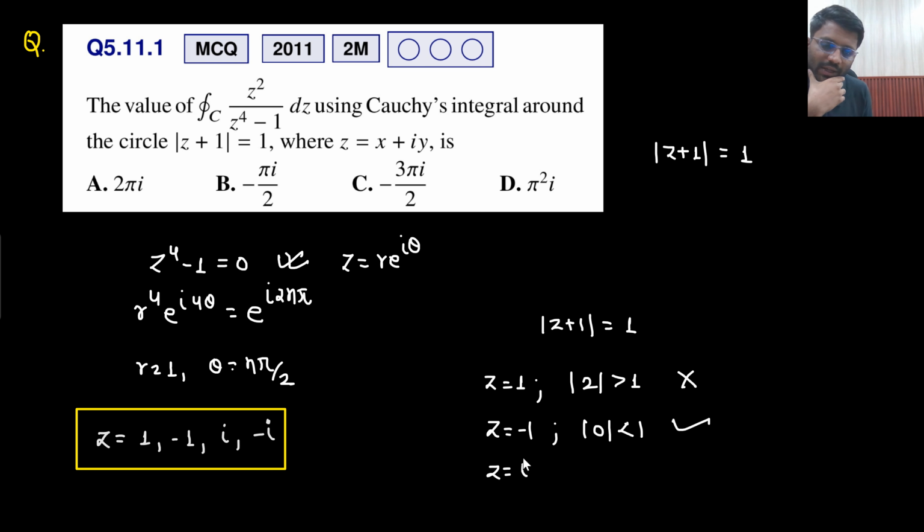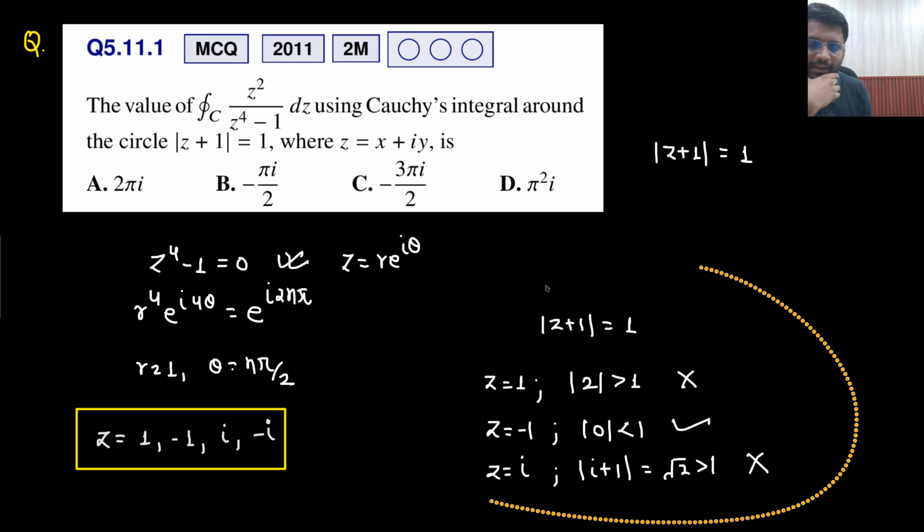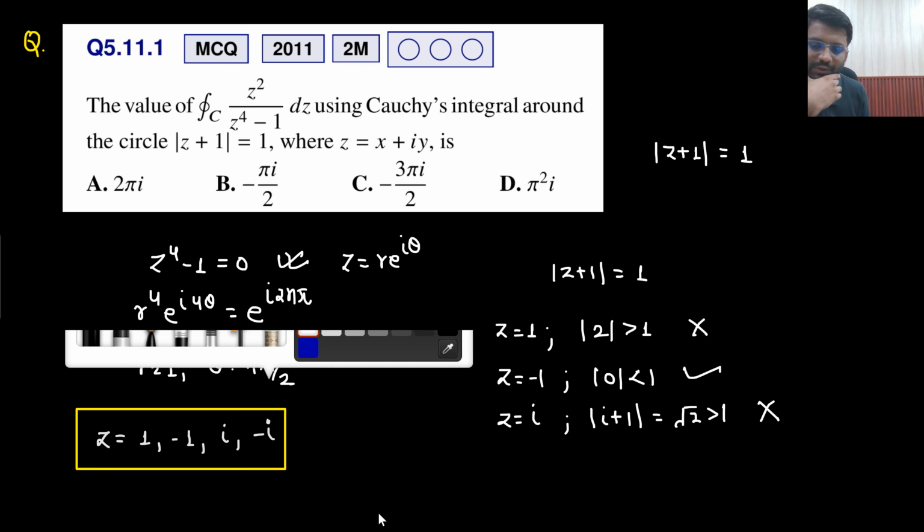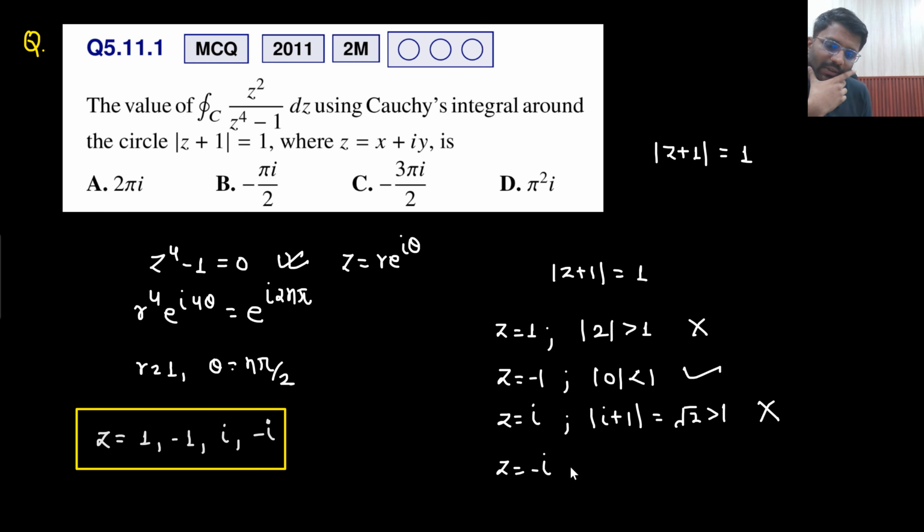If I put z equals iota, iota plus 1, mod of iota plus 1 will be under root 2, which is greater than 1, lying outside. Right? And what about z equals minus iota? If I put z equals minus iota, plus 1, that would be under root 2, which is greater than 1, lying outside. Sorry, not minus iota: z equals minus 1 is the only matter of concern, which is lying inside.